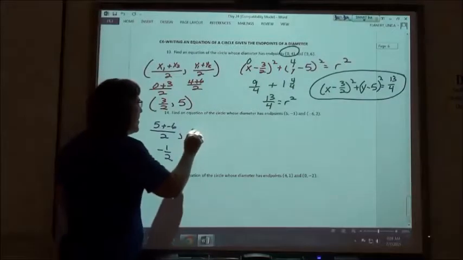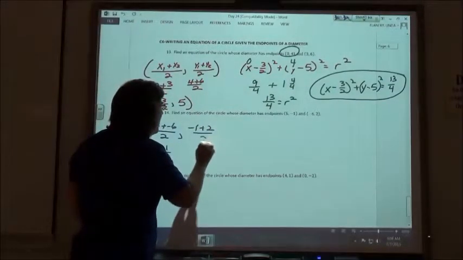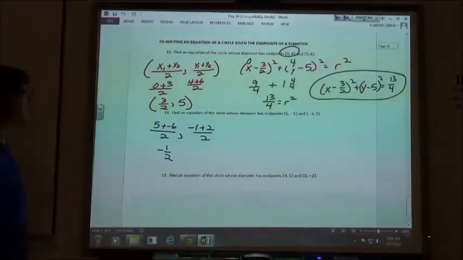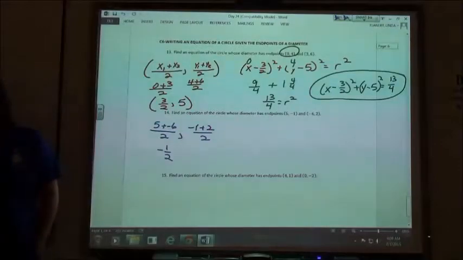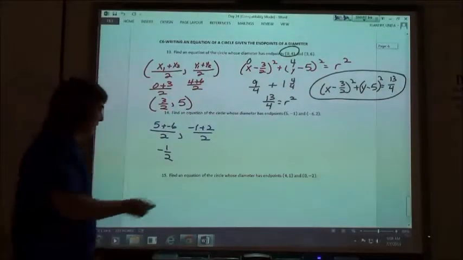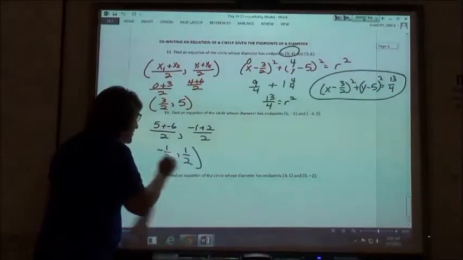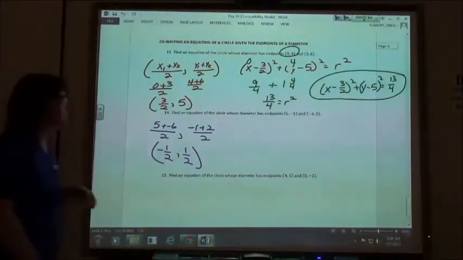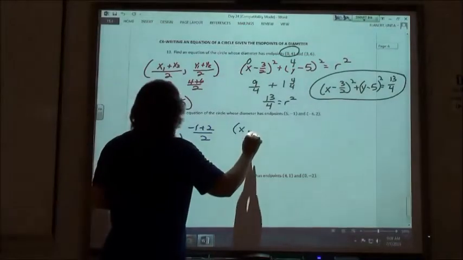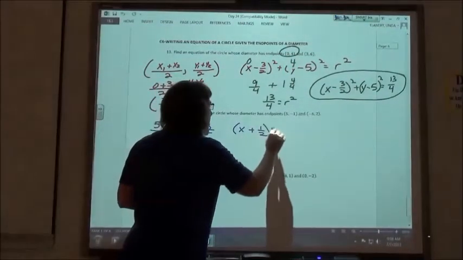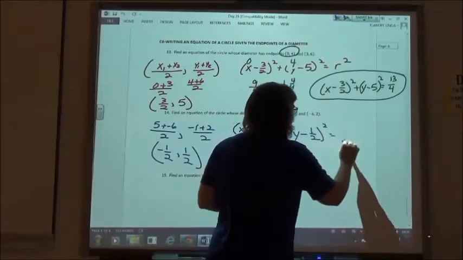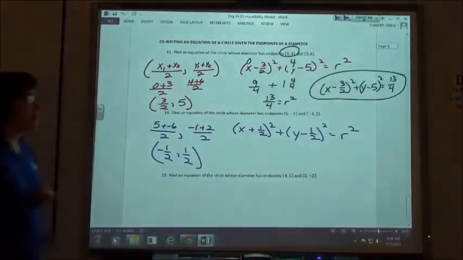And adding my y's and dividing by 2, I'm going to get positive a half. So my center is negative a half and positive a half. So my equation is going to be (x + 1/2)² + (y - 1/2)² = my radius squared.